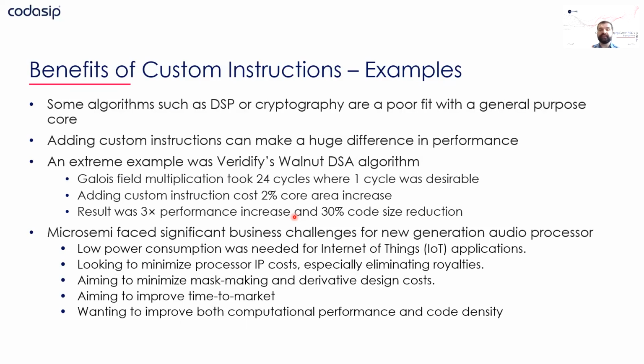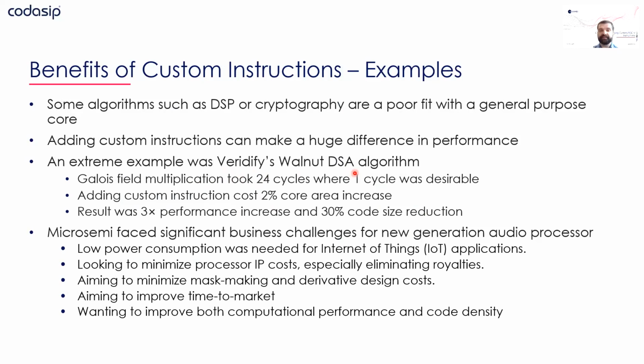Let me start with the Verify example here. They have one of the DSA algorithms, and this algorithm does the Galois field multiplication. In the standard, if you take the standard extensions, then it takes about 54 cycles to do the multiplication. That's a key point on this algorithm. But then you can come up with a single instruction that does the multiplication in a single cycle.